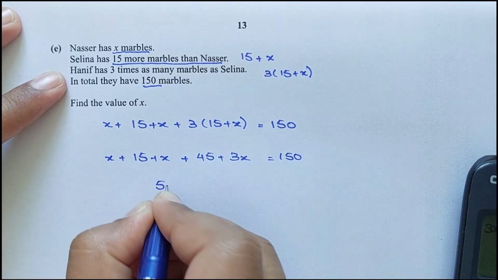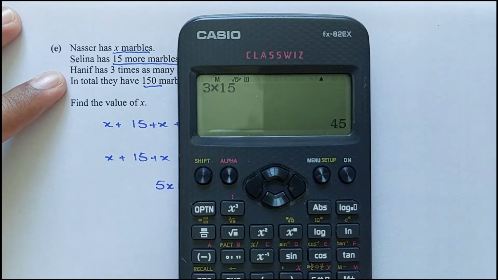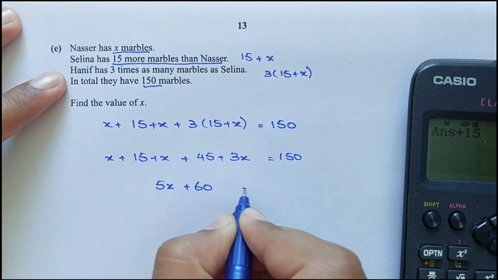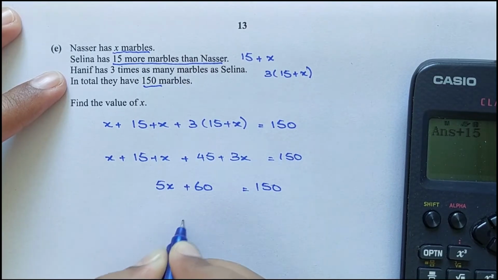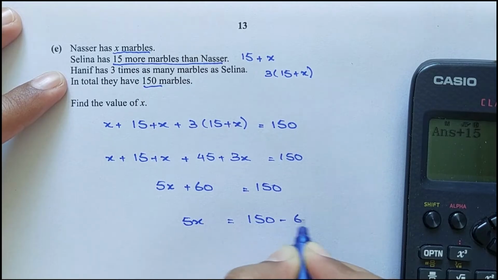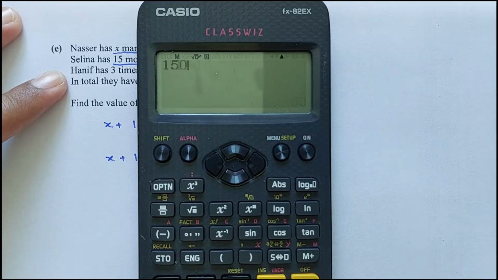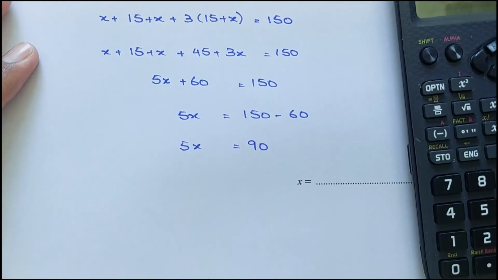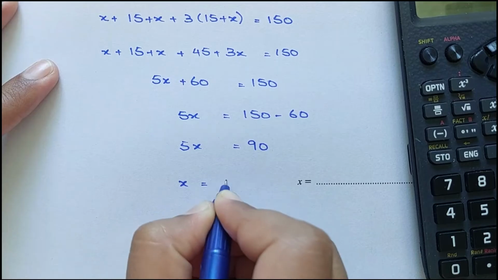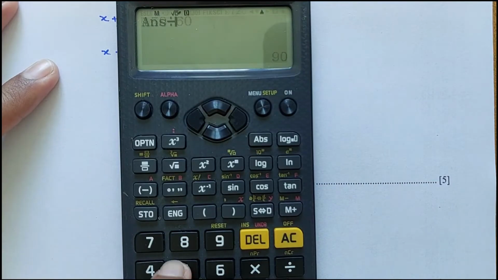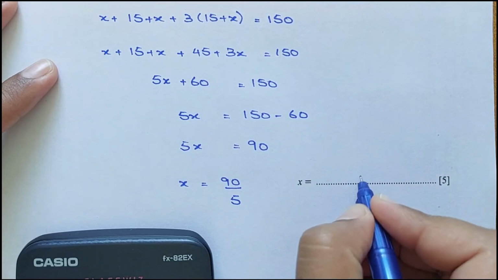So we have 5x here. 15 and 45 is 60. So 5x is from 150 take away 60, which is 90. So 5x equals 90. To solve for x, we divide by 5 on both sides. So x is 90 over 5. So x equals 18.